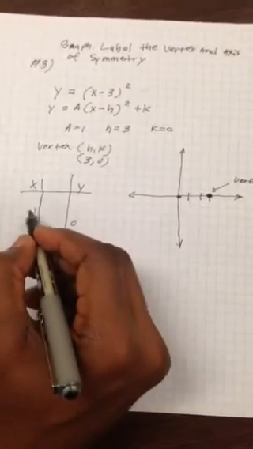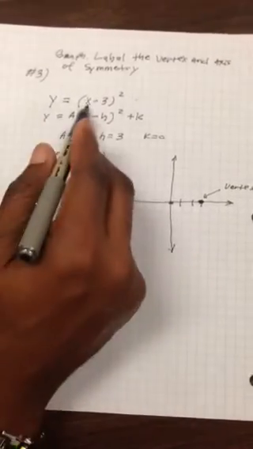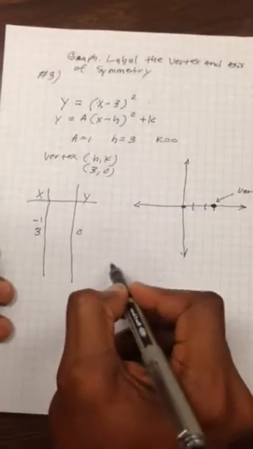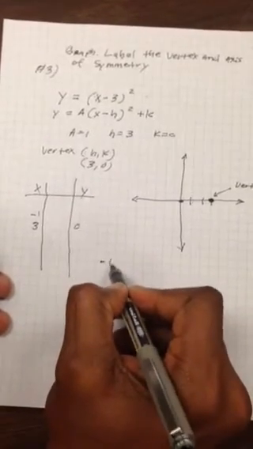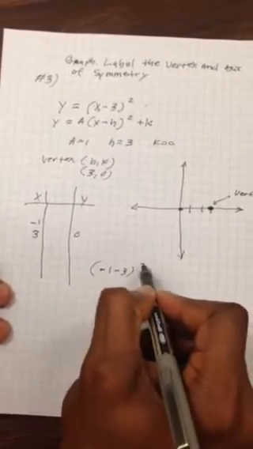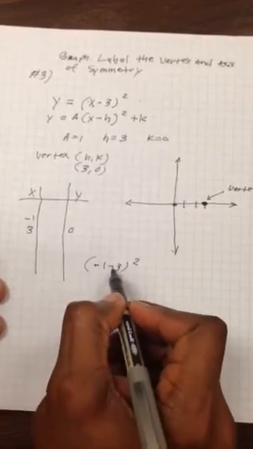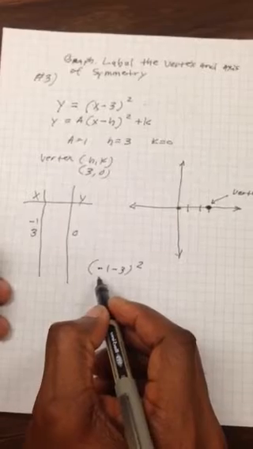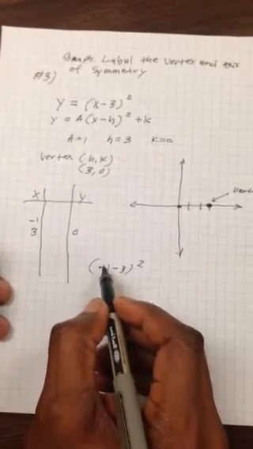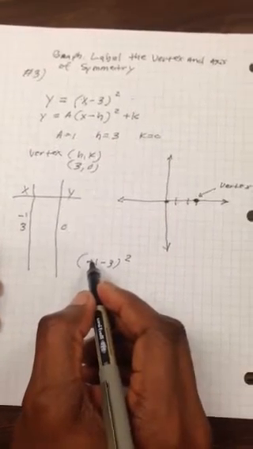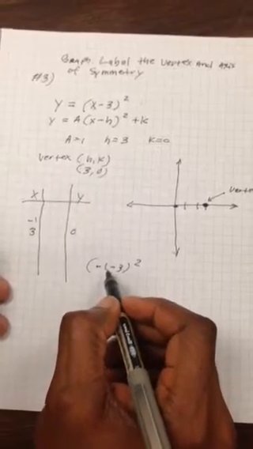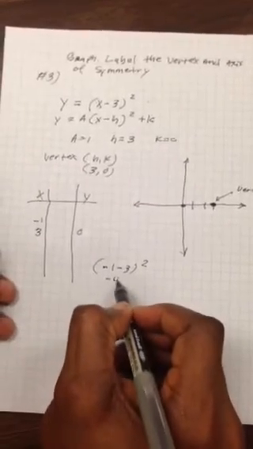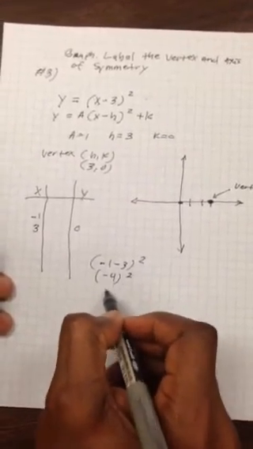So if I substitute negative 1 in here, this is going to be (negative 1 minus 3) squared. What's negative 1 minus 3? Negative 4. And negative 4 squared is going to be 16.